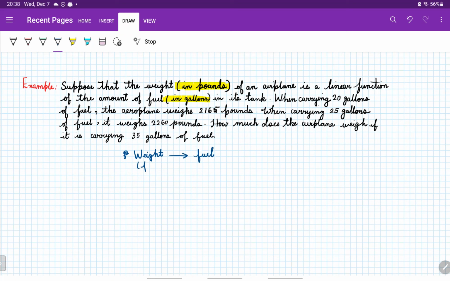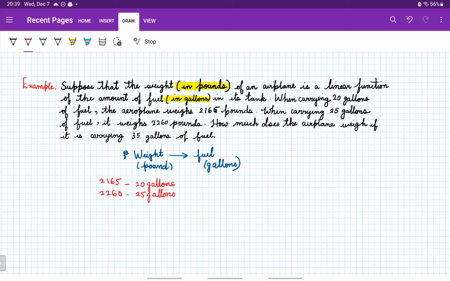This weight is given in pounds and this fuel is given in gallons. And we are told that when carrying 20 gallons of fuel, the weight is 2165 pounds, and when carrying 25 gallons of fuel, the weight is 2260 pounds. So how much does the airplane weigh if it's carrying 35 gallons of fuel?